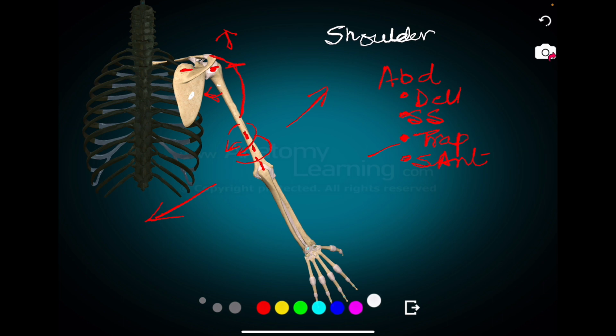So the serratus anterior would pull this forward, and the trapezius would rotate the spine of the scapula like this on this axis, so that there is external rotation. So this is abduction.